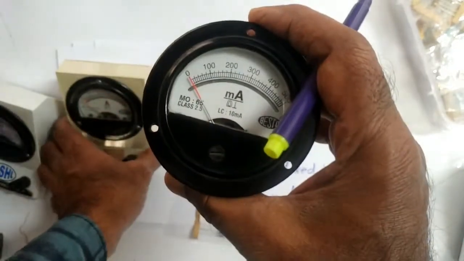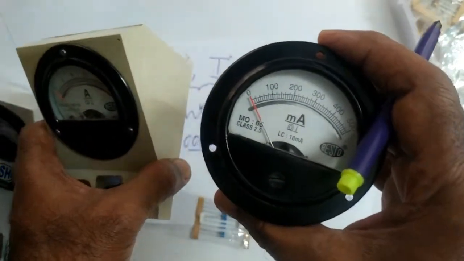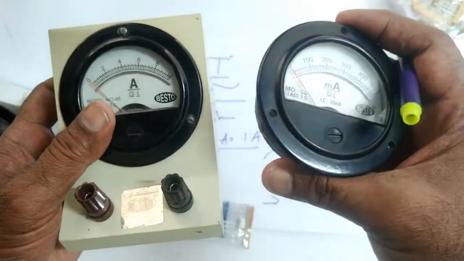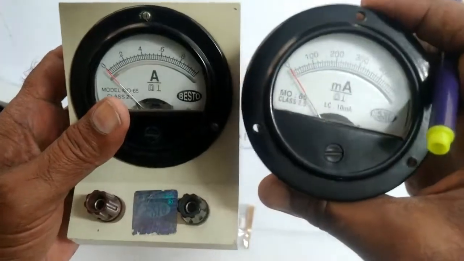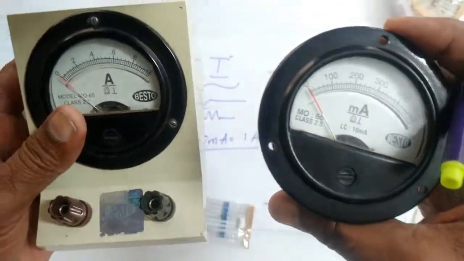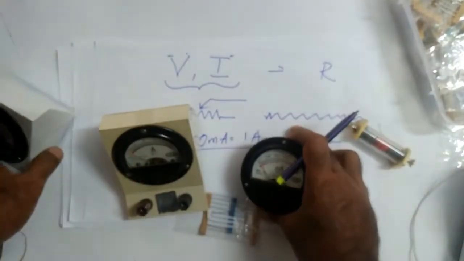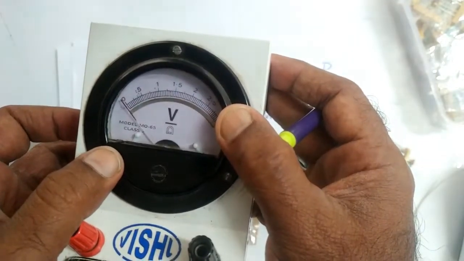Now before we go for the experiment, as I said already, we need to find out the least count of any measuring instrument first, like how we have found the least count of the voltmeter.